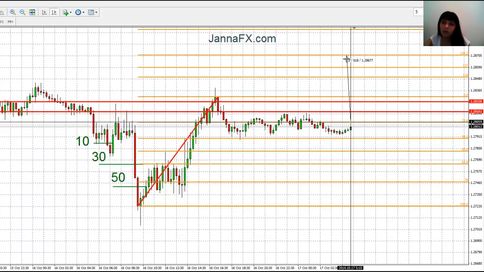Then I think it will probably stop around here and close the day maybe around here. If there is good, strong, movable news, then around 100 and maybe higher, and we would think the level 161 that day.